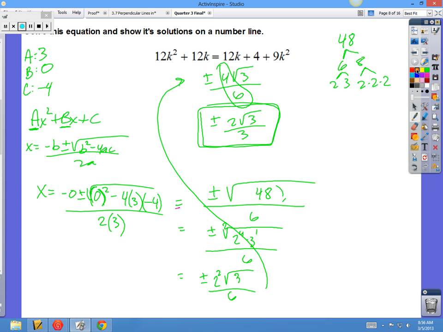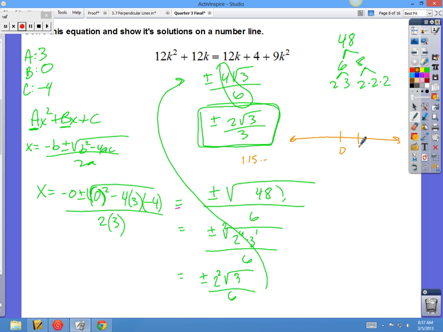Now, the cool part. If you have to show this on a number line, 0 is right there. Let's do the plus one. 2 times the square root of 3 over 3, just type that in your calculator. 2 times the square root of 3, and it's going to be a decimal. Then divide that by 3, and you should get 1.15, blah blah blah.